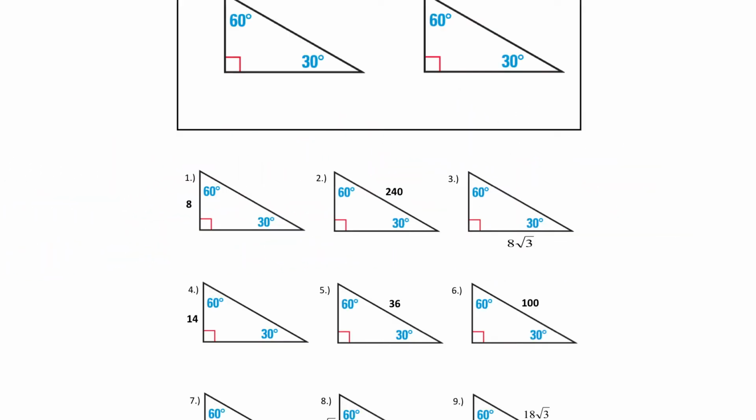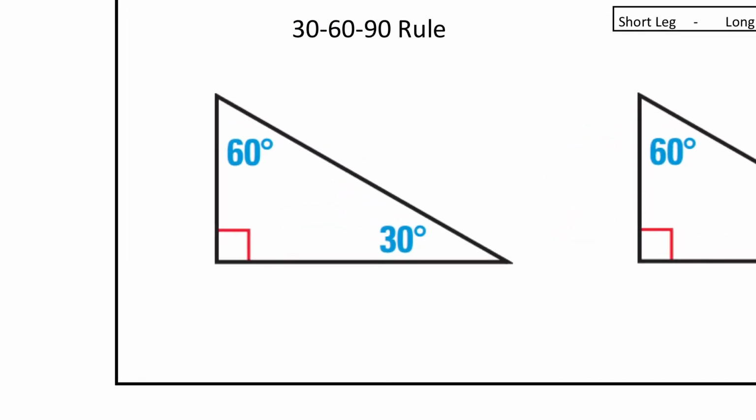Okay, so on 30, 60, 90, there's always going to be a shorter leg. Let's call it the short leg. There's going to be the long leg. And then, obviously, we're going to have the hypotenuse. On 30, 60, 90, there will always be a short leg, a long leg, and the hypotenuse.